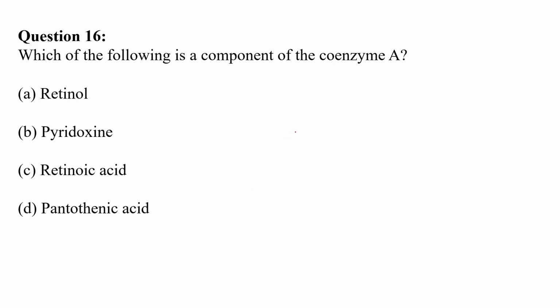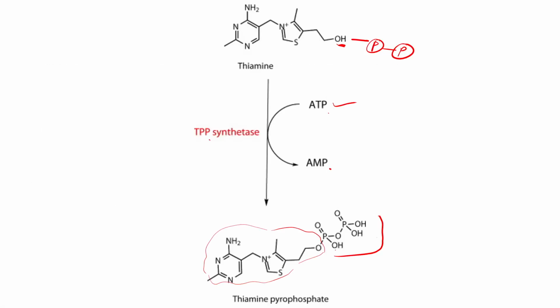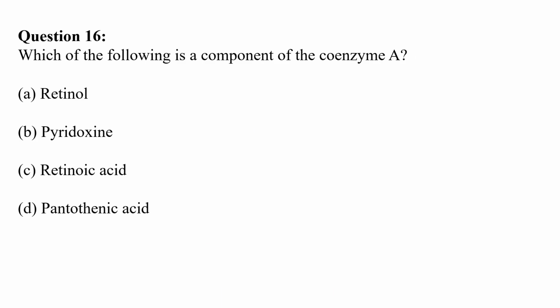Okay, next question here. Which of the following is a component of coenzyme A? So here we have to answer which of the following is a component of coenzyme A. Option A, retinol. Option B, pyridoxine. Option C, retinoic acid, and option D, pantothenic acid.